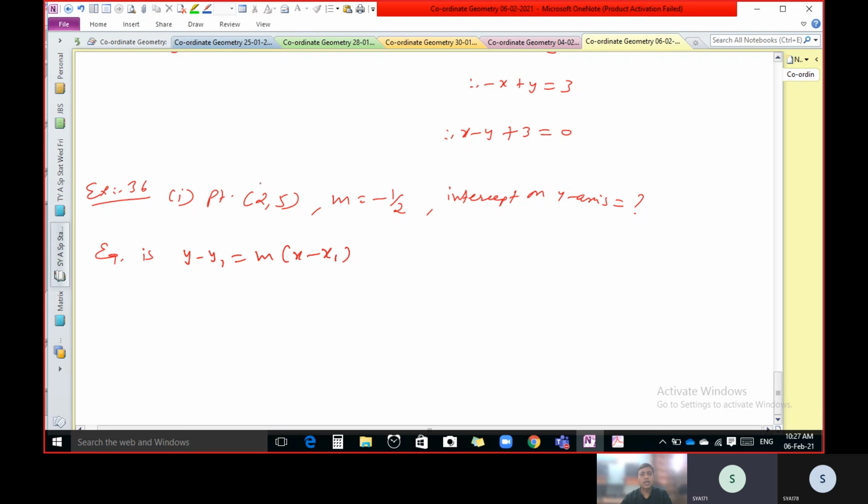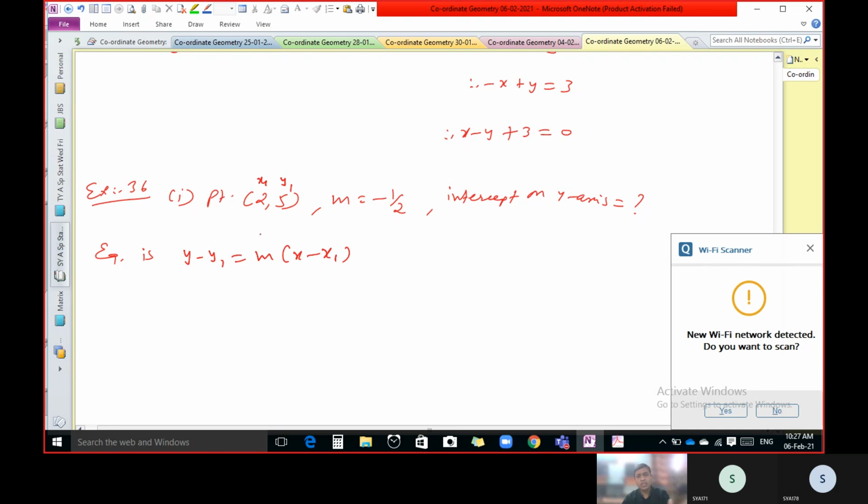Consider this as your x1 and y1. Point is given. Even if you consider this as x and y, you will get the answer, but you will get it in terms of x1 and y1. It's better to assume this is x1, y1.